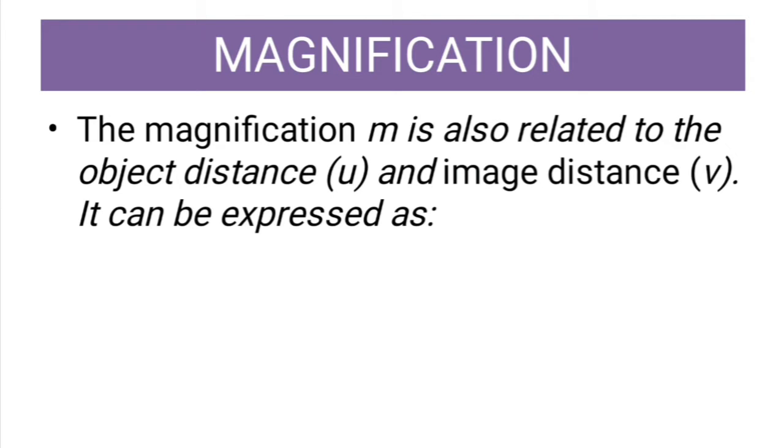The next part is that magnification is also related to object distance and image distance. You can modify the relation as minus v upon u. So minus image distance upon object distance will give you magnification. If you cannot find the height of the image or the height of the object, you can try this other relation.